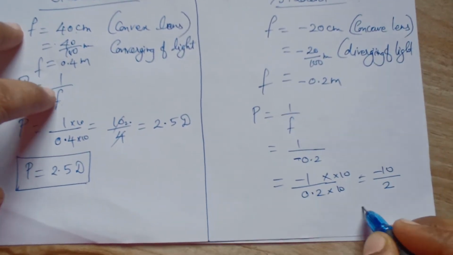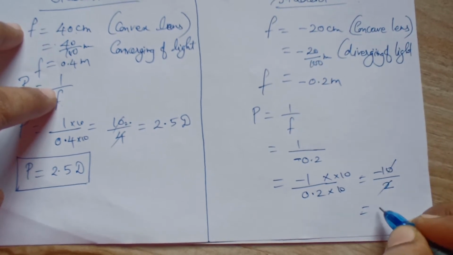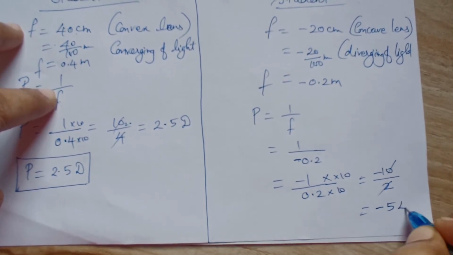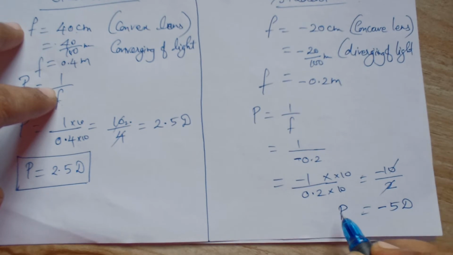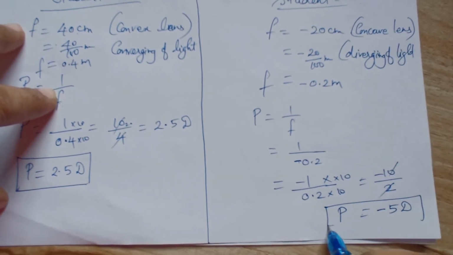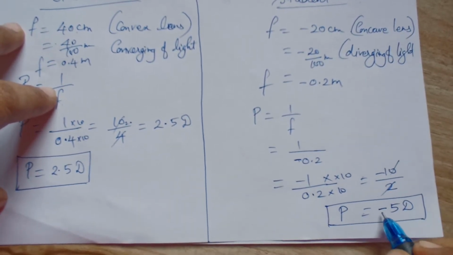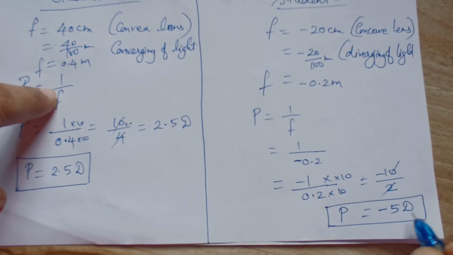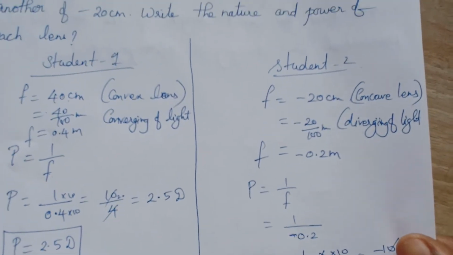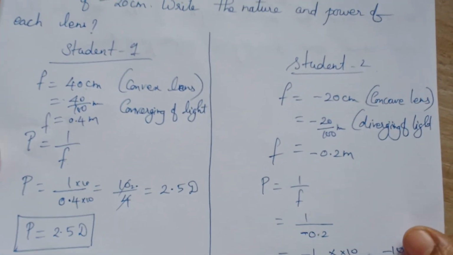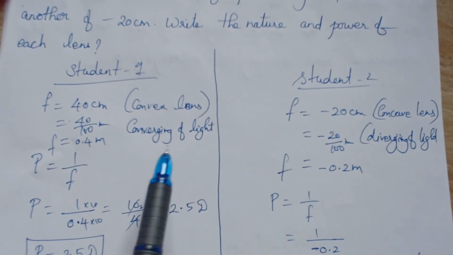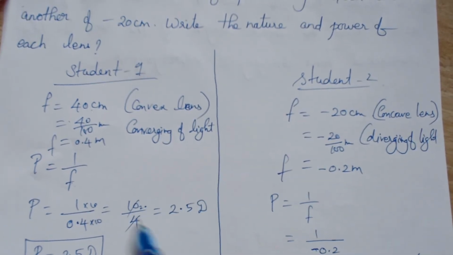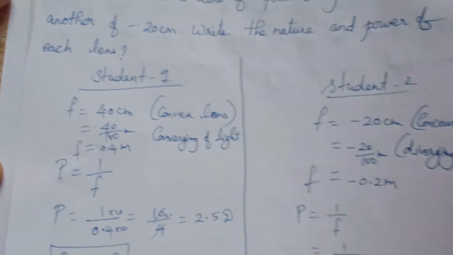If we simplify this, we will get minus 5 D. So P is equal to minus 5 D. This shows that they are using a concave lens with diverging of light rays. Okay, clear on that? So we have written the nature and the power of the lens also. Okay, next one.